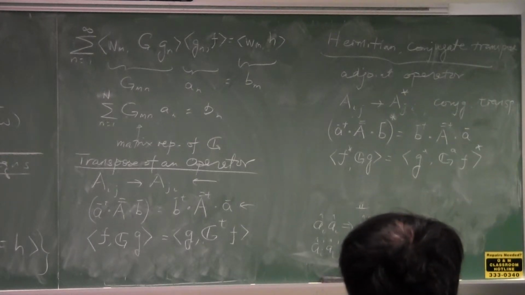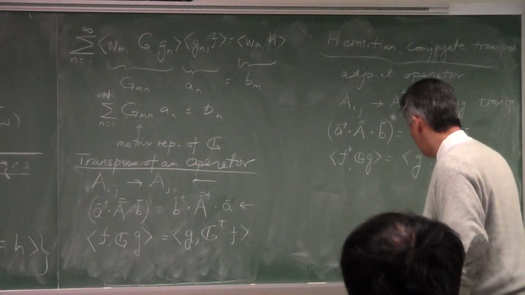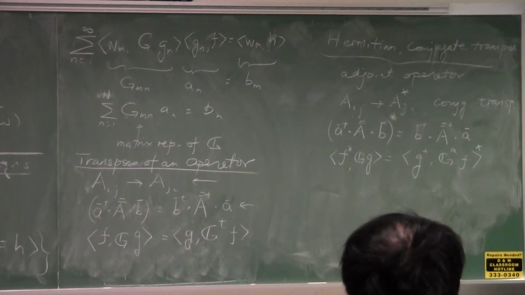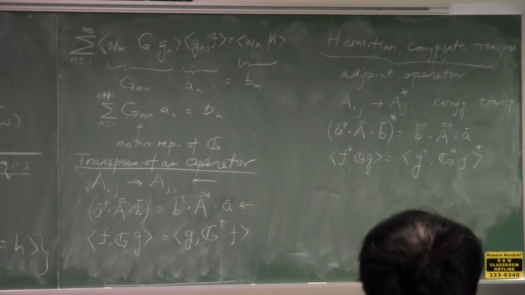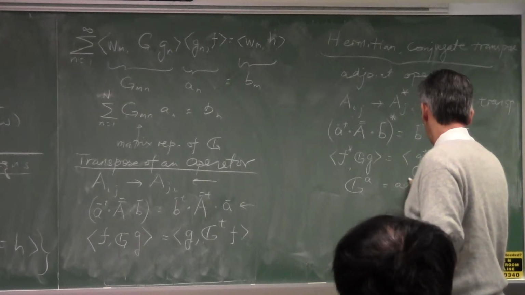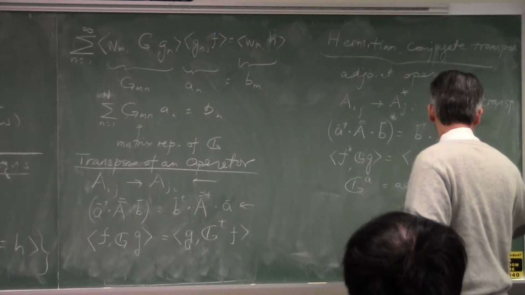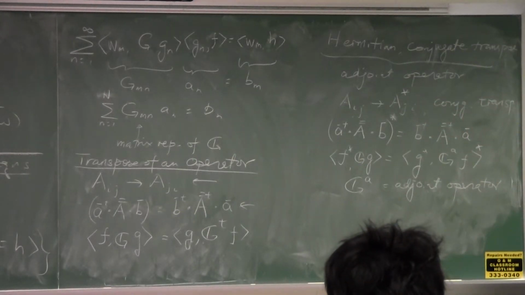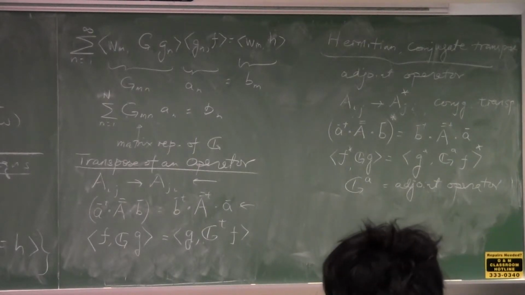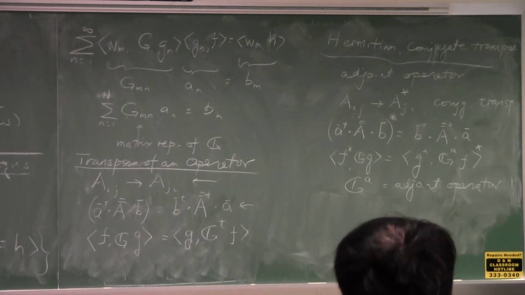So you can define this to be the conjugate transpose, and this is often called an adjoint operator. An adjoint operator, in my opinion, is a conjugate transpose operator, not just a transpose operator. But mathematicians don't often distinguish these two. These are some of the knowledge that you would need if you want to understand the electromagnetic literature.